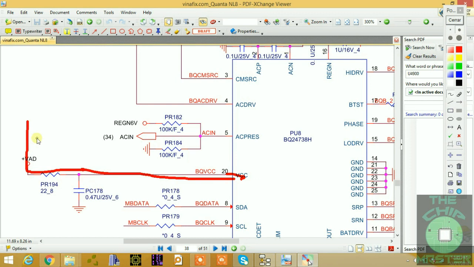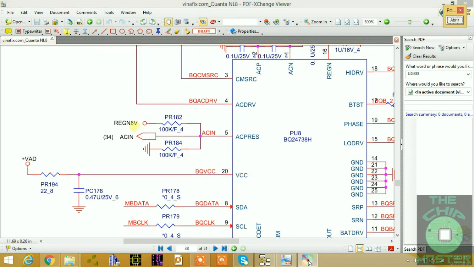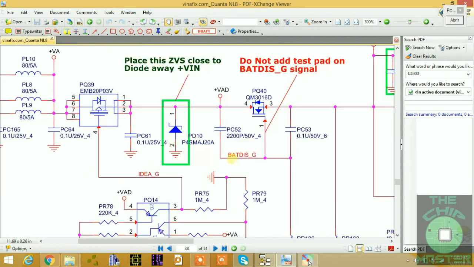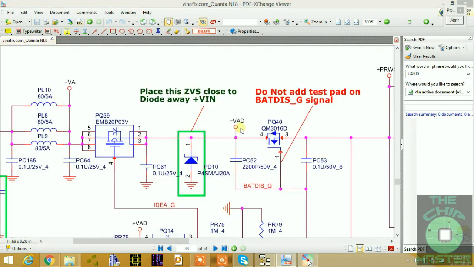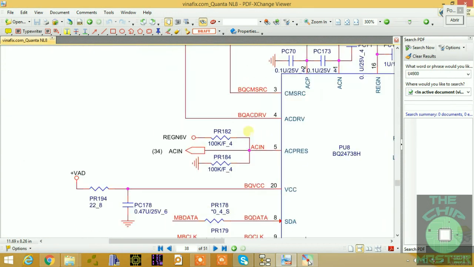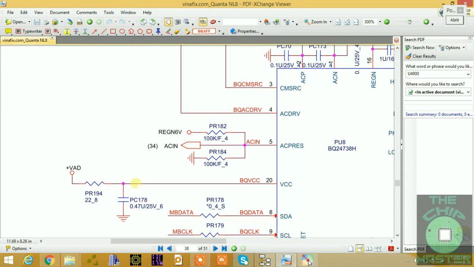At the same time, 19 volts is coming to pin number 20 of this IC, and plus VAD is coming from here. Sorry, after coming through the diode, this is 18.6 volts. This 18.6 volts is coming to charge PC 187, to pin number 1 and pin number 20.